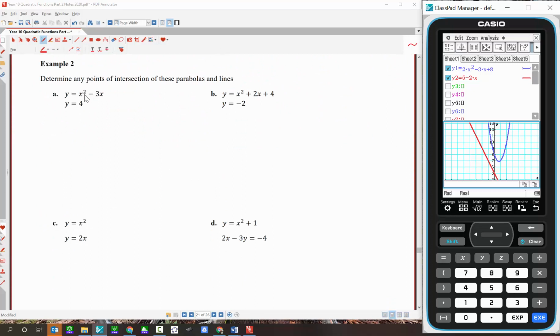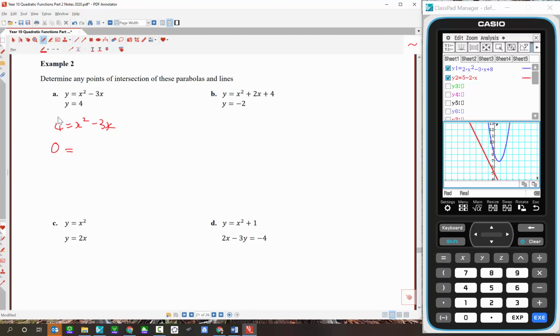So what we've got is x squared take 3x, and we want to know whether the line y equals 4 actually intersects with it. So we're going to go 4 equals x squared take 3x. Now remember, we need to solve this for x, which means that I can't just factor out x and apply the null factor law. To do that, I need the left-hand side or the right-hand side to be equal to 0.